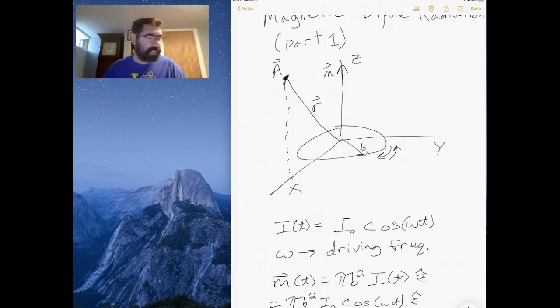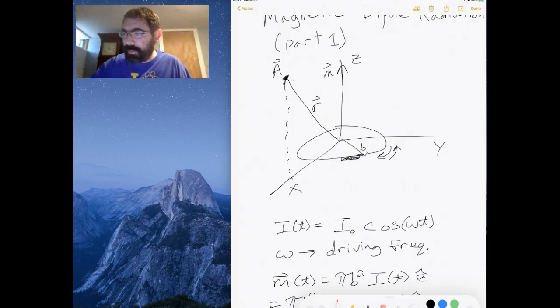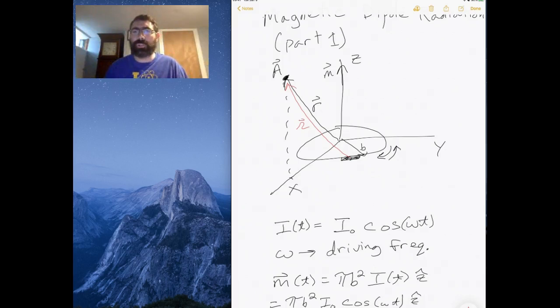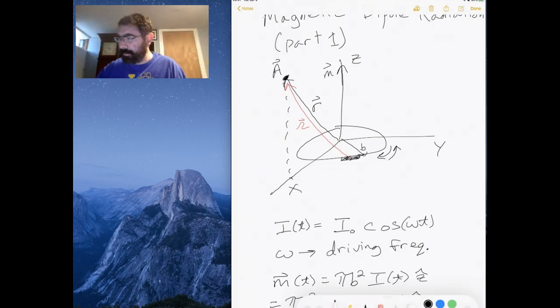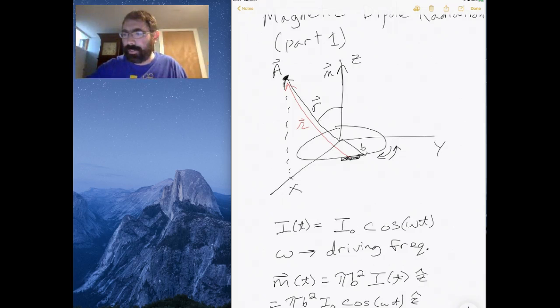Now the current element is right down here, and I'll use a different color: the distance from the current element to that point in space is script r. The angle between the position vector r and the z-axis is going to be theta, right there. The phi direction is going to be in this direction, so I'll call that phi prime.